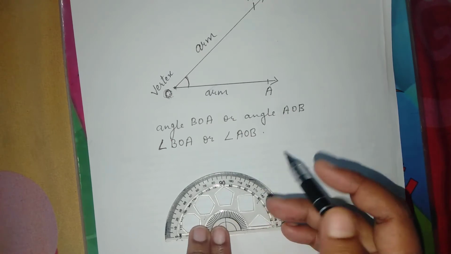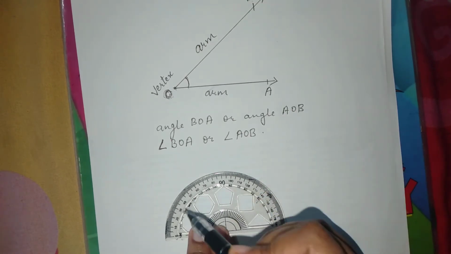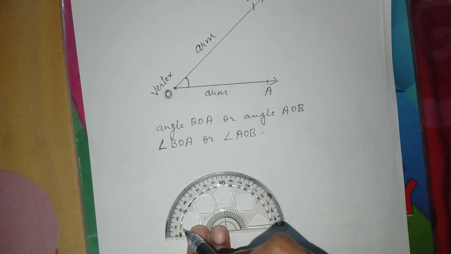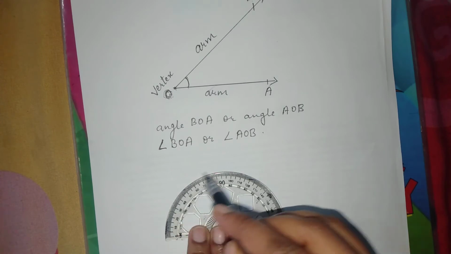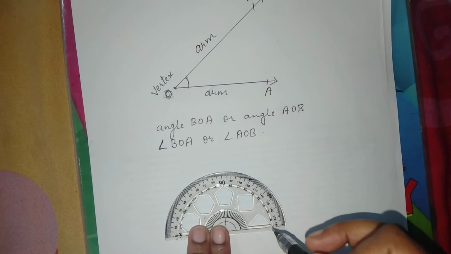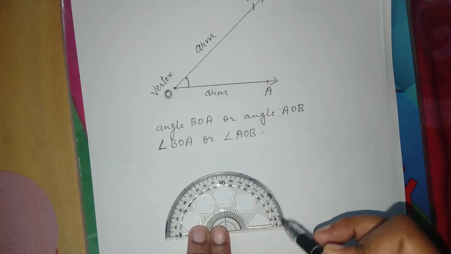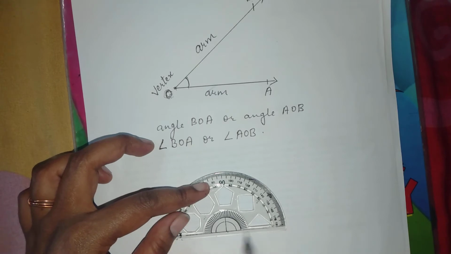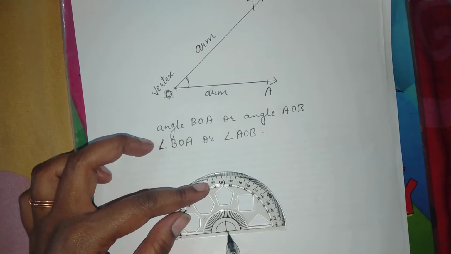If you look, you will observe that there are two scales on the protractor. The outer part is called the outer scale, and the inner part is called the inner scale. You will see one line down here, that is called the baseline, and here one middle point is there, called the center.